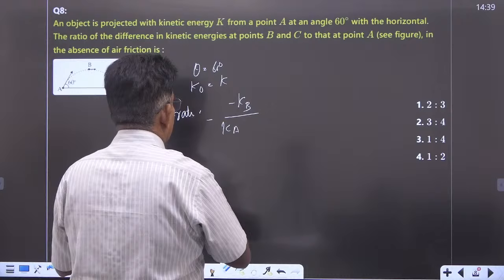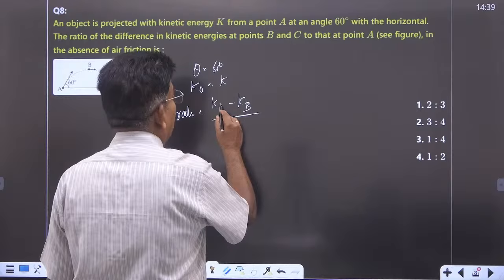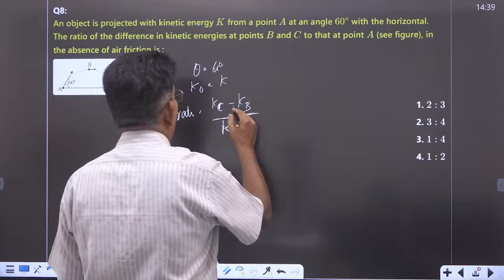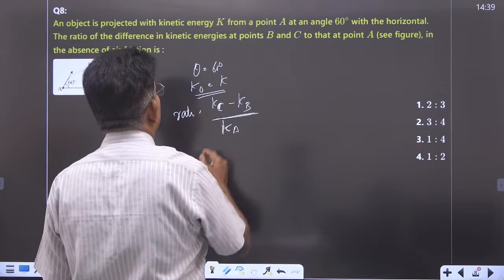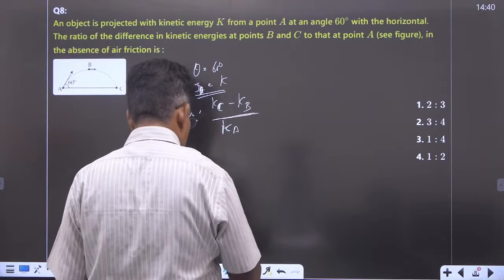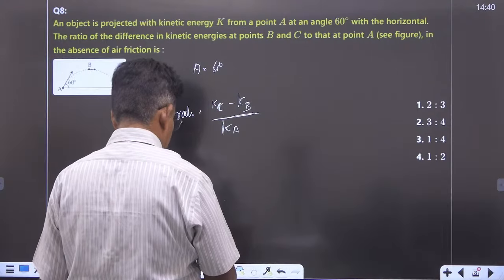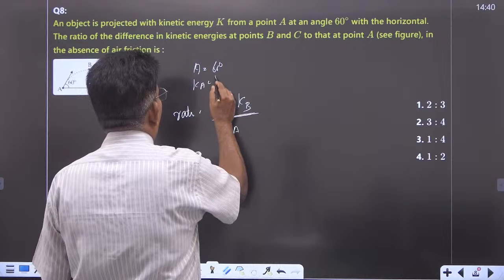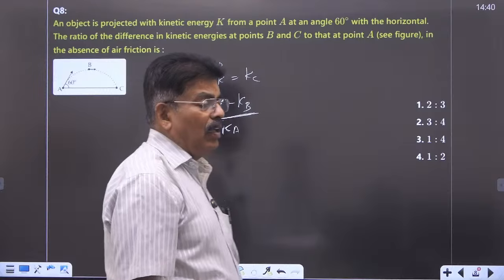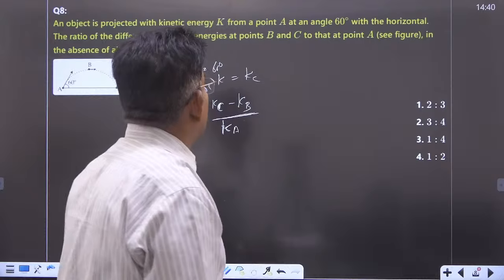Difference between the kinetic energies, KC minus KB, divided by the kinetic energy at A. But we know the initial kinetic energy at A is K. This will be the same as the kinetic energy at C. With what velocity the body is projected, with the same velocity the body hits the ground.